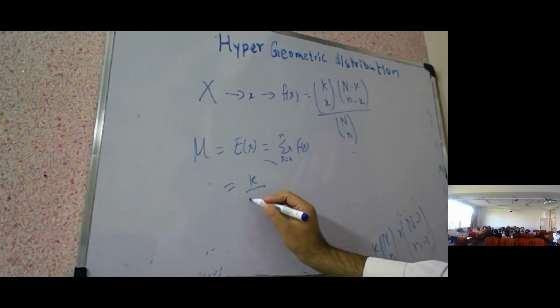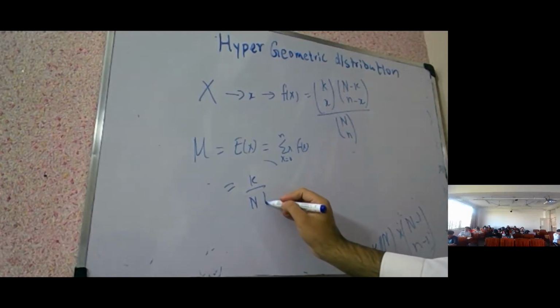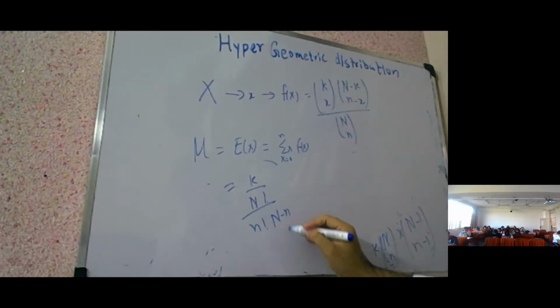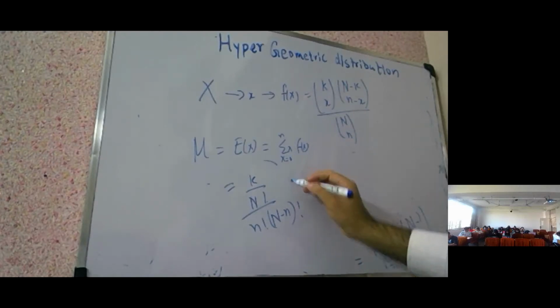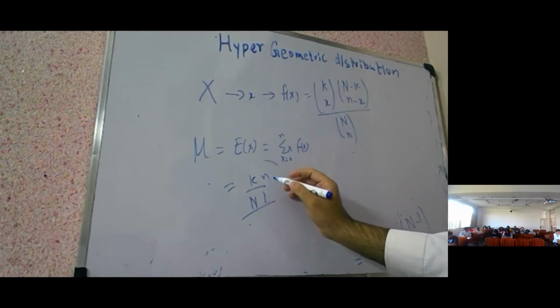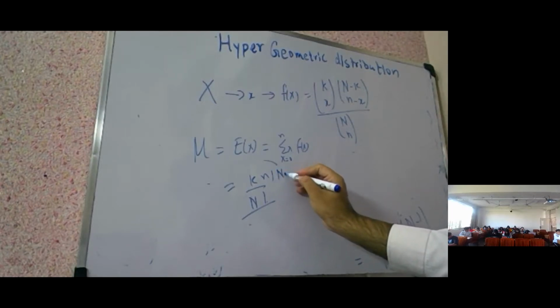So k upon n, NCn, I open it, n factorial upon n factorial n minus n factorial. I just open this one times, so this can go up, n factorial n minus n factorial.